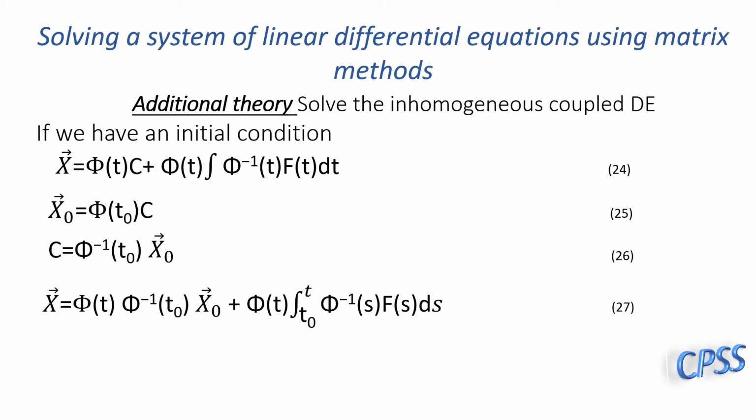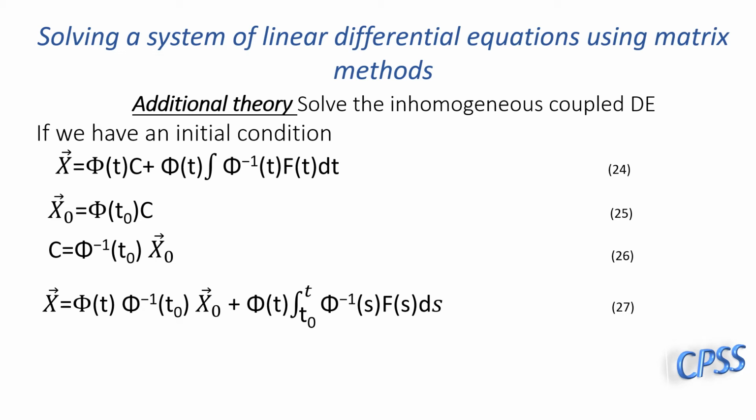And equation 25 is what you consider the initial condition, because for the solution of the homogeneous equation, you can have the initial condition being this right here, equation 25. See the initial condition. So what you do is you solve for the constant vectors, and you get what the constant actually has to be.